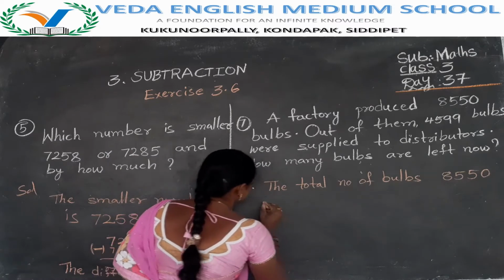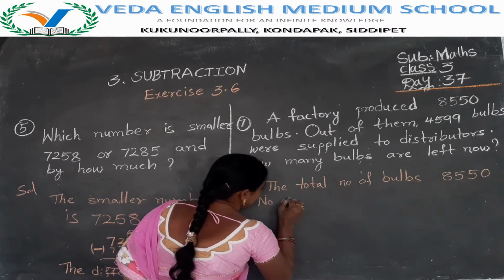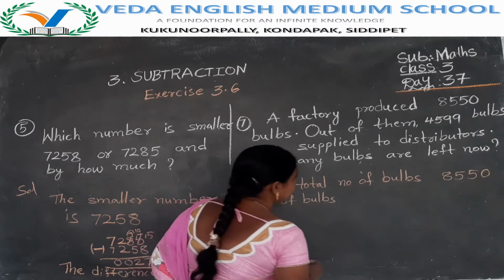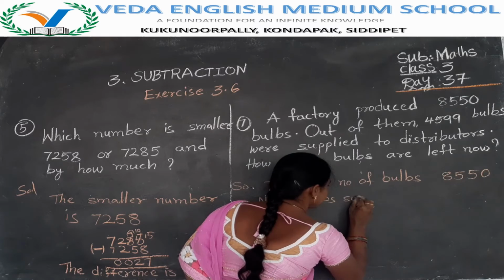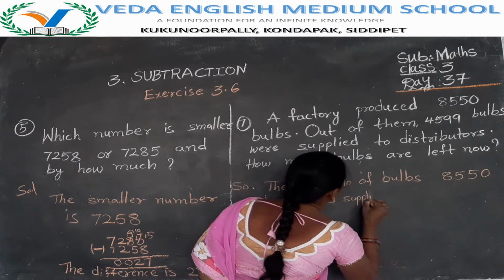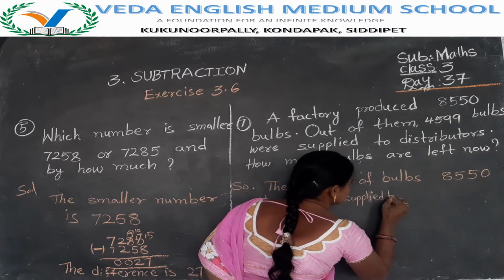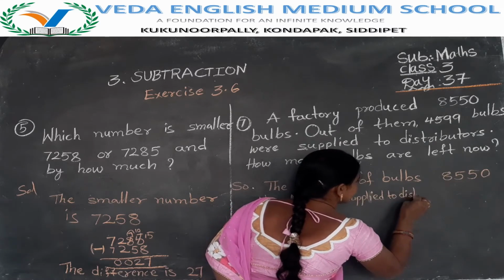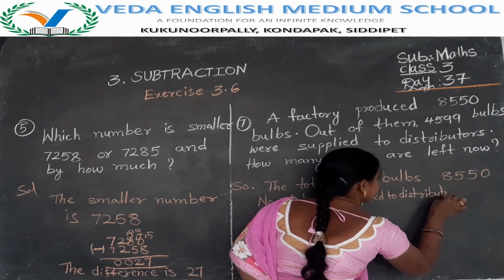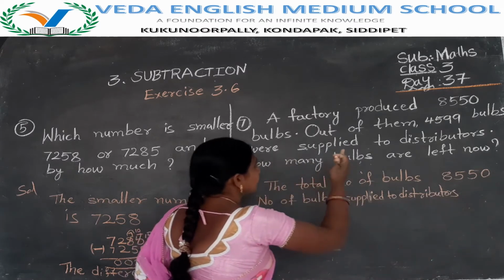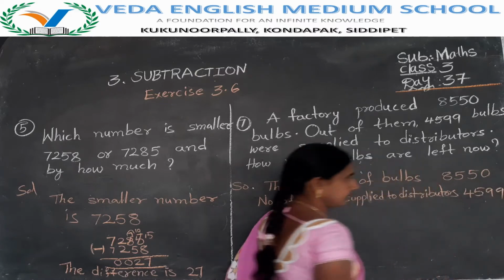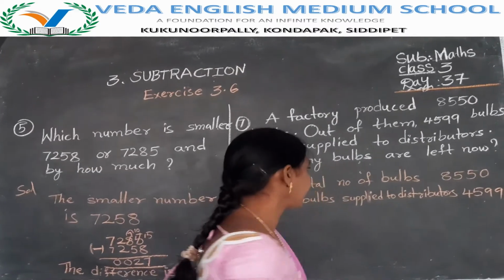The number of bulbs supplied to distributors: 4,599.